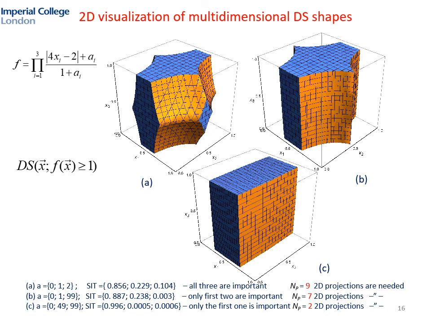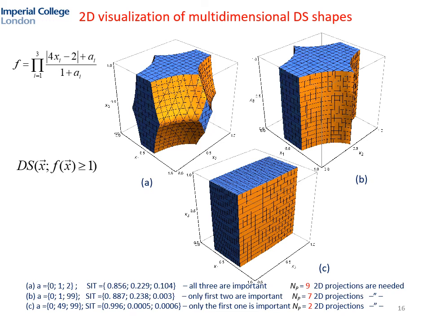We consider 3 sets of parameters i, a, and in the first case, all 3 parameters are important, and we would need 9 2D projections. In the second case, only the first 2 parameters are important, and we need only 7 2D projections.